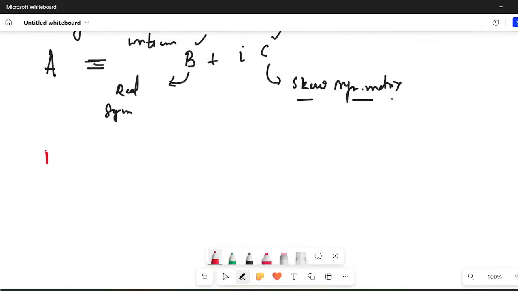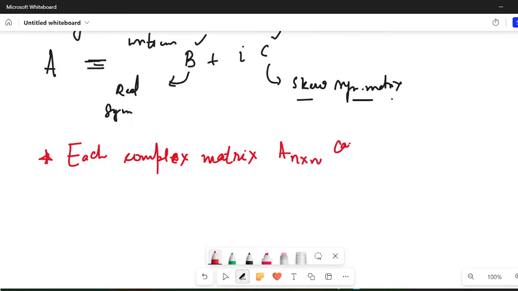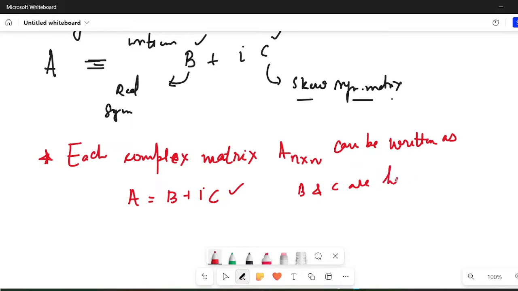Every complex matrix, let us say A, n cross n, can be written as A is equal to B plus iota C. Here B and C are Hermitian matrices.